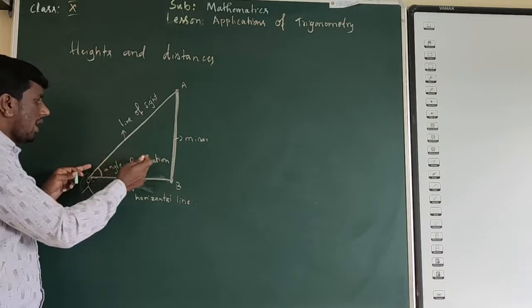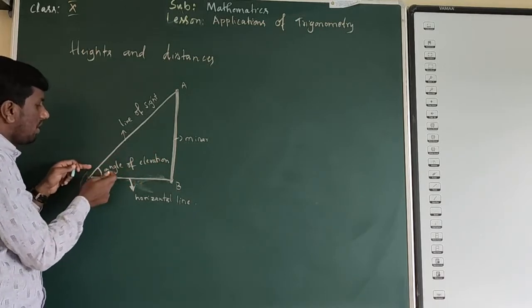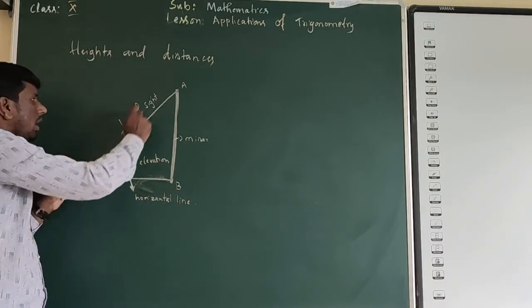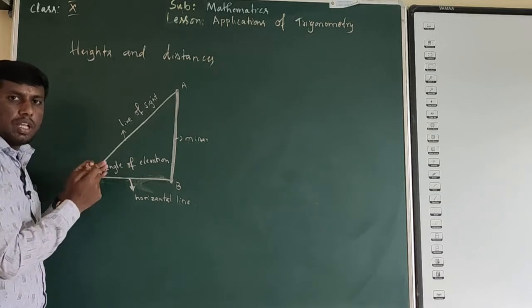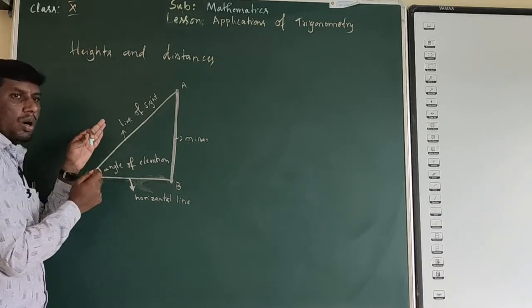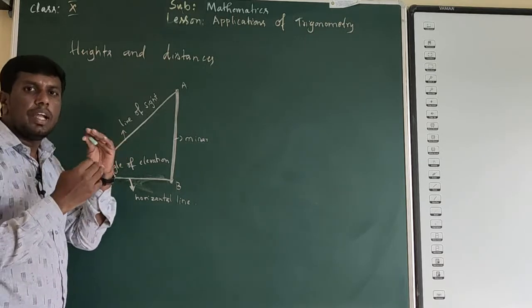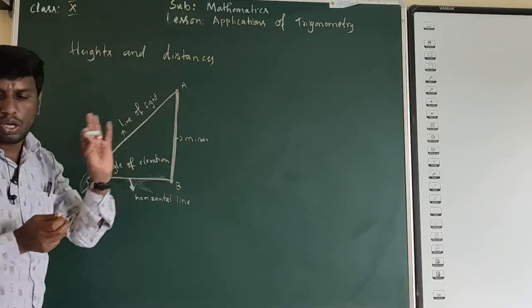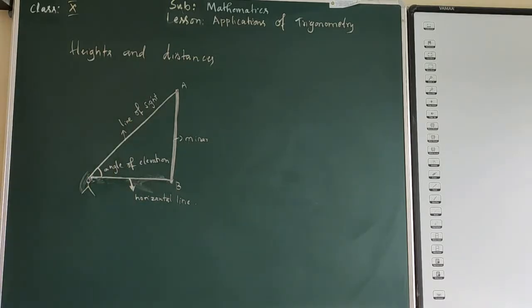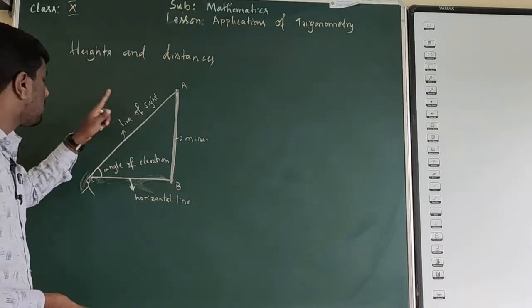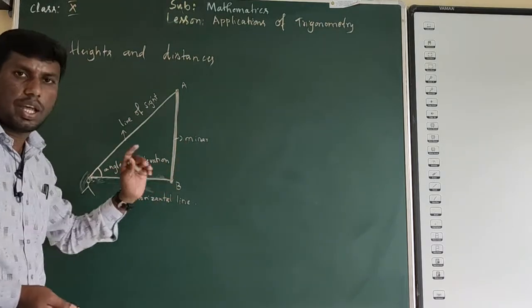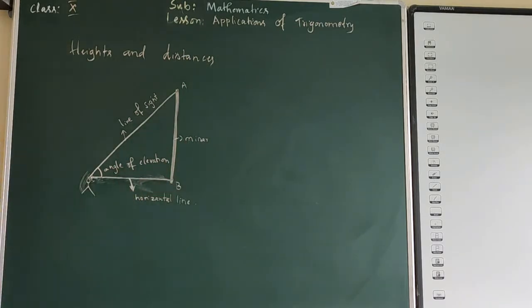You have to draw a line, and that line is called the line of sight. So what is the angle of elevation? The angle between the horizontal line and the line of sight, if you are raising the head upwards. I will send you the definitions of line of sight, angle of elevation and horizontal line. It is the case when we raise our head to look at an object above.